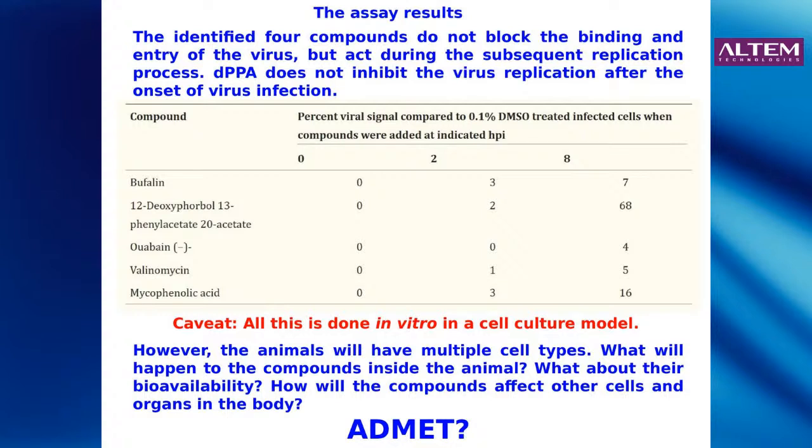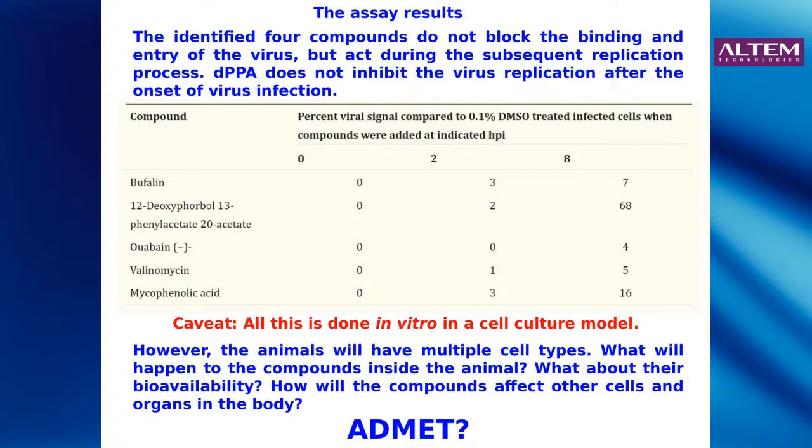Are these compounds able to cross into the different organs, because this virus obviously affects the respiratory system and the uterus, the reproductive system? So will these compounds be able to reach these organs, and will they be bioavailable in the cells in these organs? And what about their toxic profile?